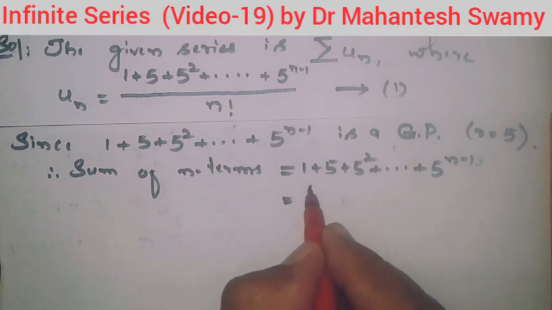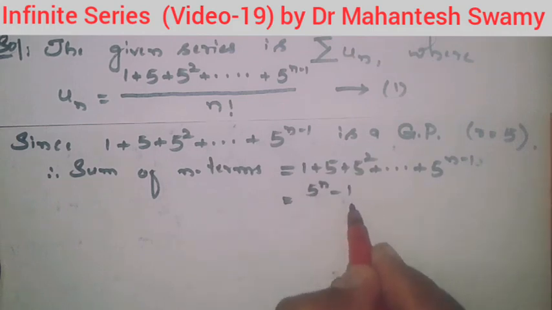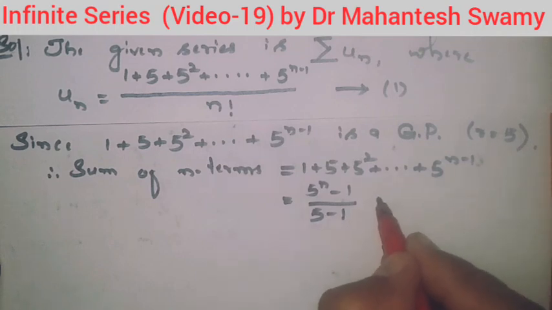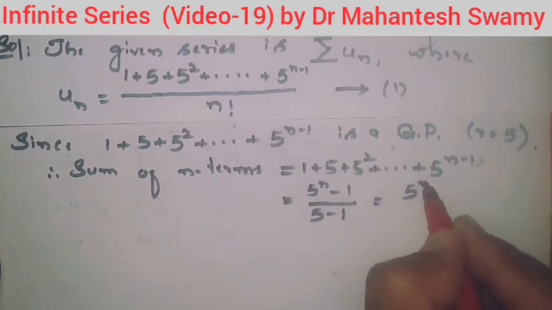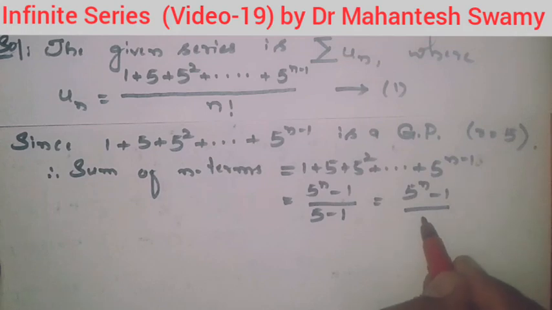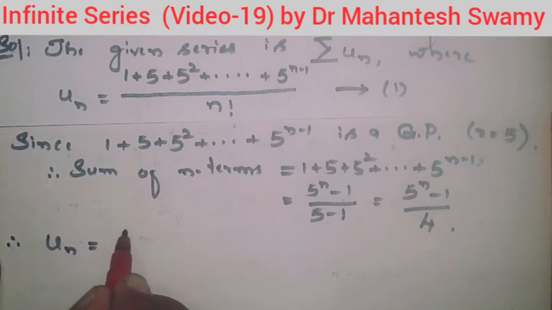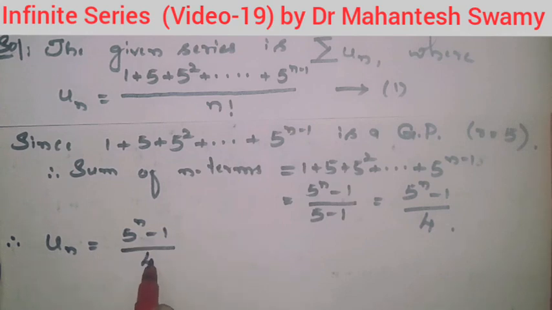So it is 5 to the power n minus 1 divided by 5 minus 1, and the result is going to be 5 to the power n minus 1 divided by 4. Therefore un is going to be 5 to the power n minus 1 divided by 4.